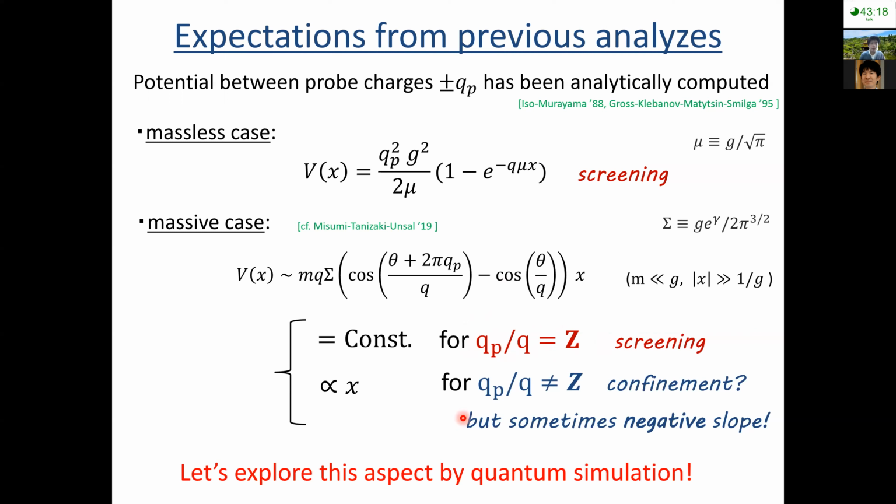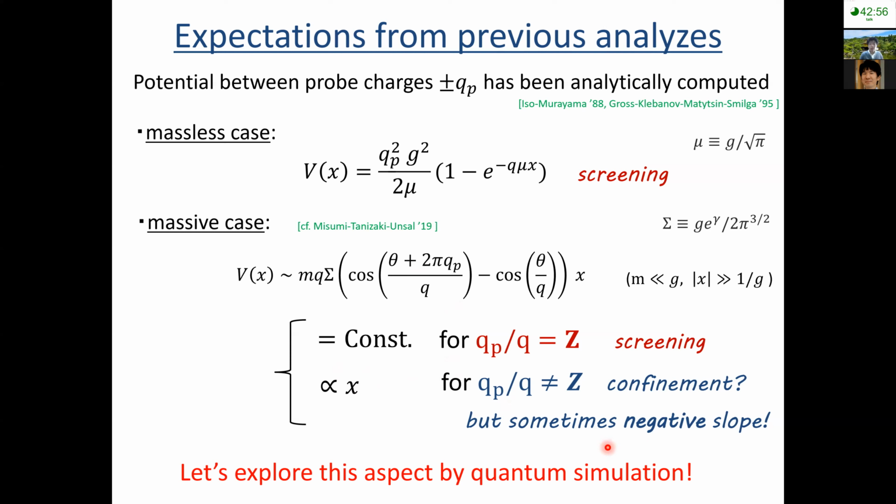And if Q_P is not an integer times Q, it seems that we have a linear behavior, but the coefficient is not positive definite. Sometimes we have a negative slope.